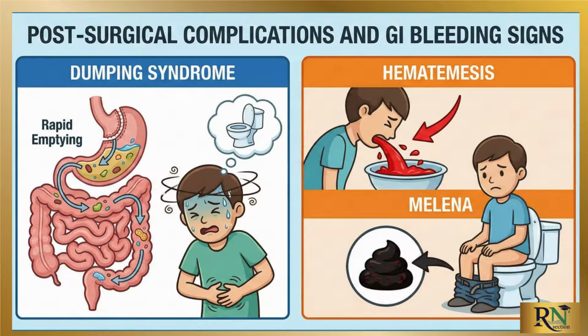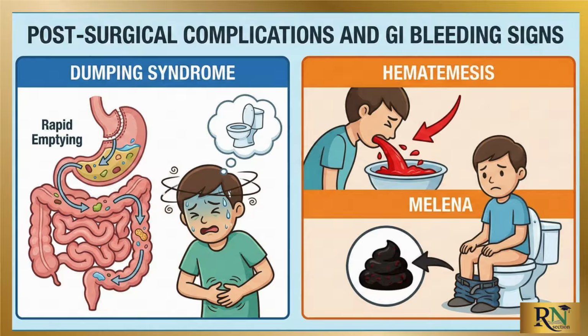Hematemesis is vomiting blood, bright red for active bleeding, coffee ground for old blood. And we have melena, black tarry foul-smelling stools indicating digested blood from an upper GI bleed. This indicates bleeding high up in the GI tract.